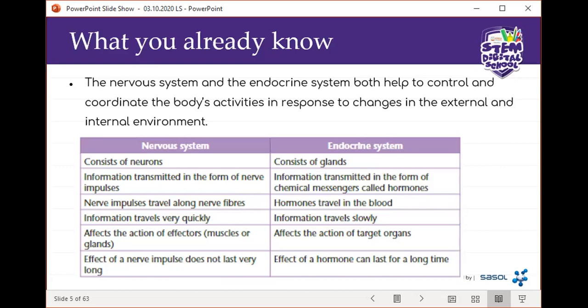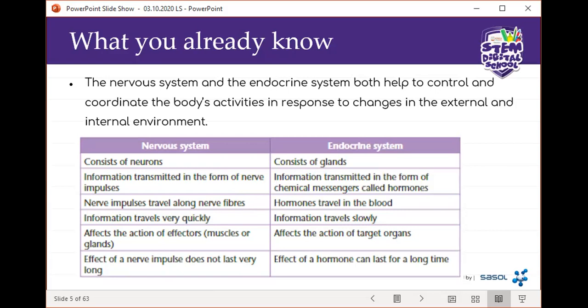The nervous system consists of neurons, whereas the endocrine system consists of glands. In the nervous system, information is transmitted in the form of nerve impulses, but in the endocrine system, information is transmitted in the form of chemical messengers, which we call hormones.